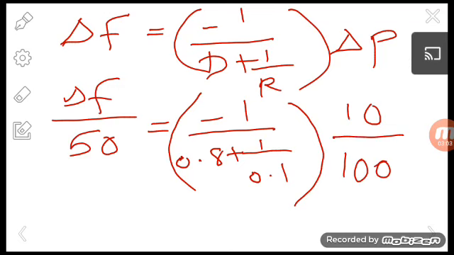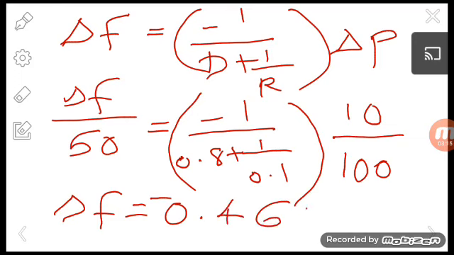From that we will obtain delta F as minus 0.46296, and we have to find the new frequency.